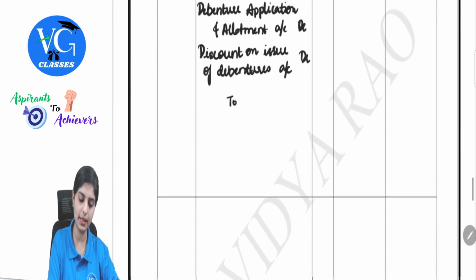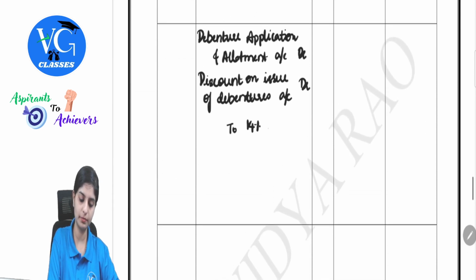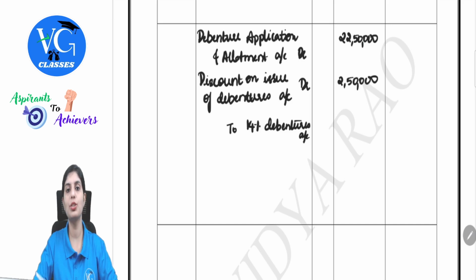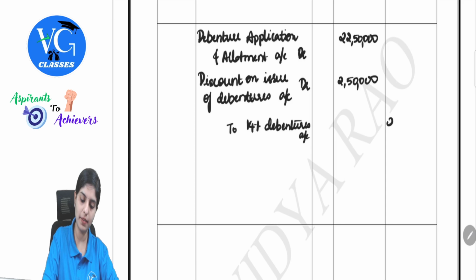This is 14% debentures. This will be same 22 lakh 50. How much we credited for? 2 lakh 50. Always debentures or share capital will be recorded at face value. So this will be nominal value 25 lakh.